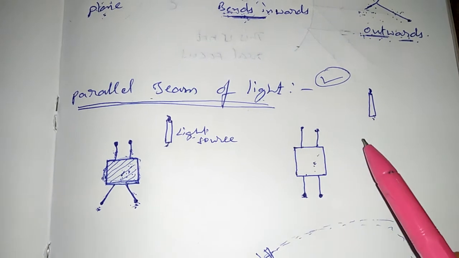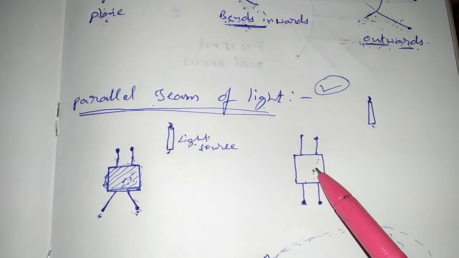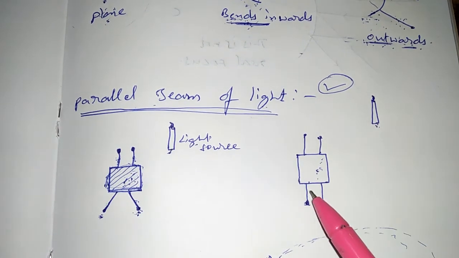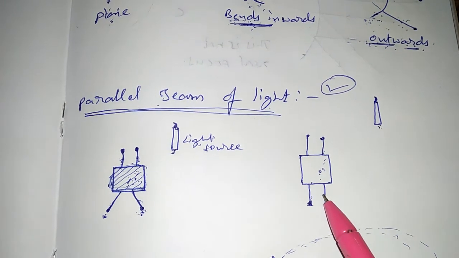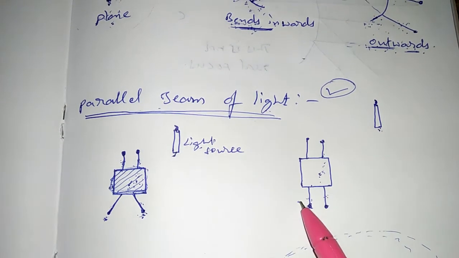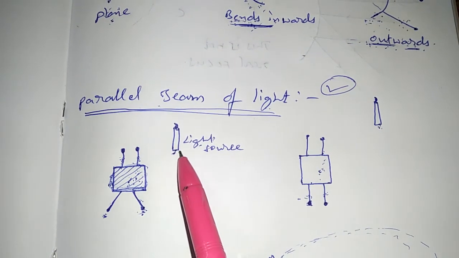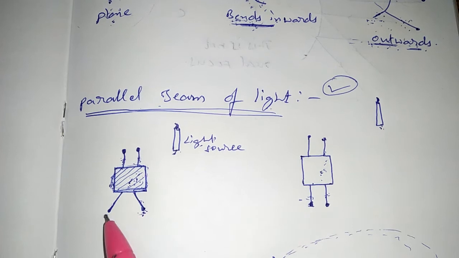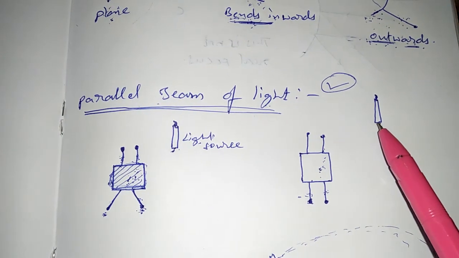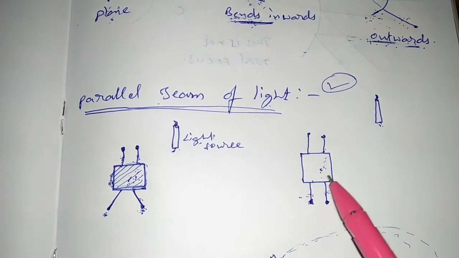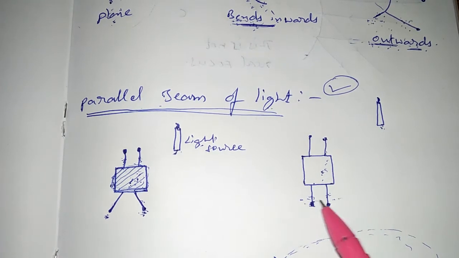Now keep the light source far away from the thermocol block. Then observe the shadows of the pins. Now you can observe parallel shadows like this, a parallel beam of light. So when the light source is near to the object, we observe a divergent beam of light, but when the light source is far away from the object, we observe a parallel beam of light and parallel shadows.